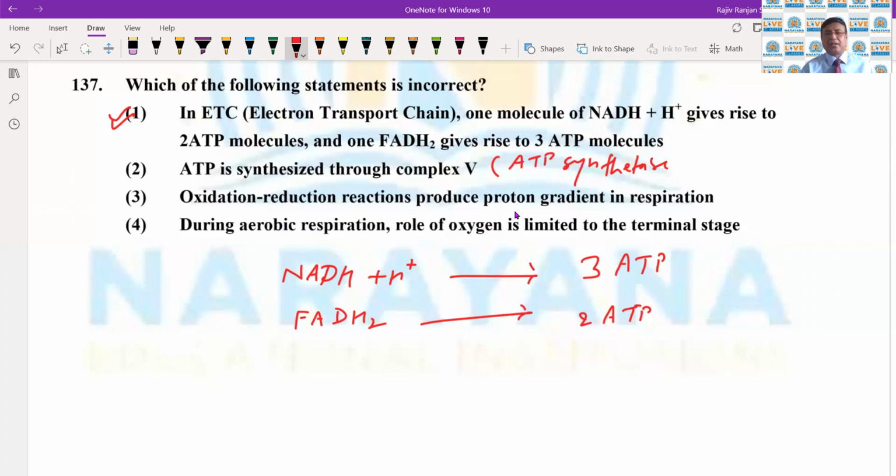Oxidation reduction reactions cause the formation of a proton gradient in respiration, and the passage of protons from the intermembrane space to the mitochondrial matrix through complex 5 leads to formation of ATP. During aerobic respiration, oxygen is utilized at the terminal stage in complex 4, where hydrogen ions, electrons, and oxygen produce water. So the correct option is 1, because this statement is wrong.